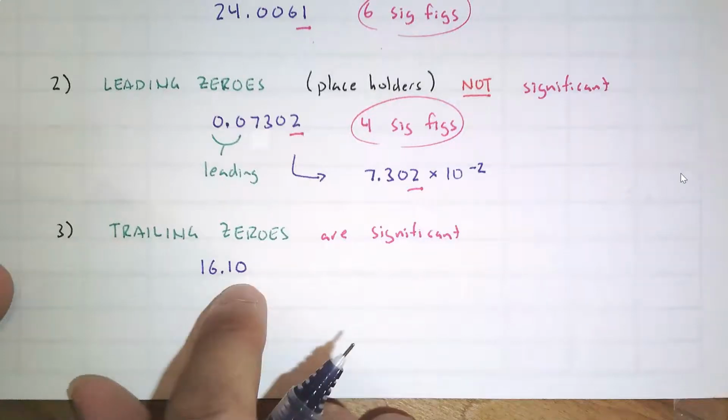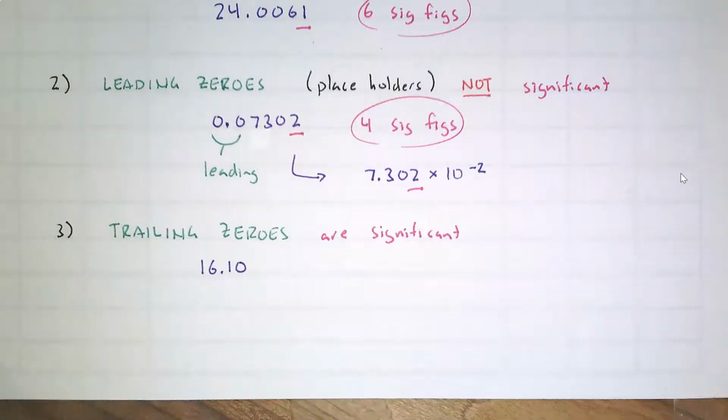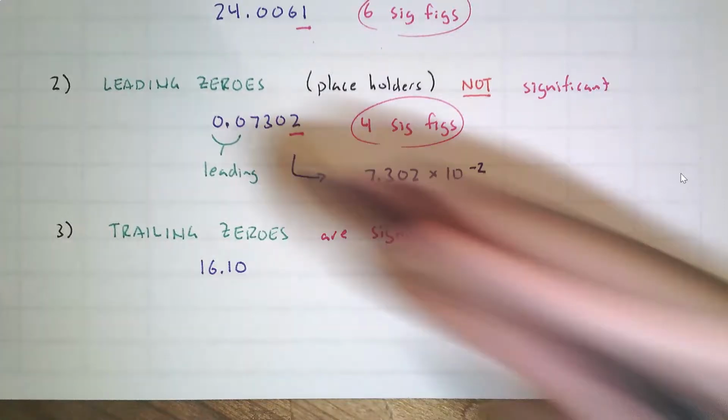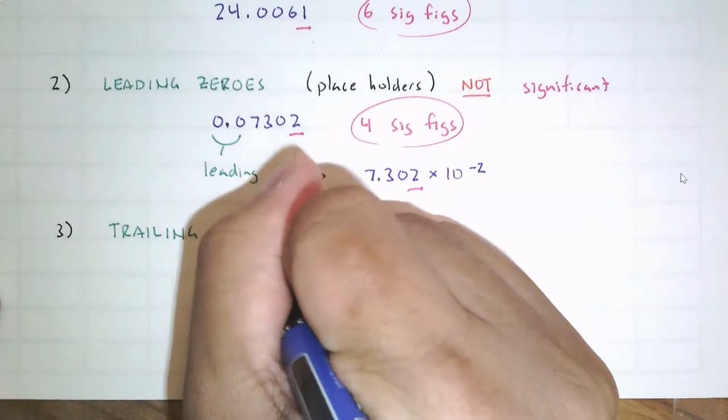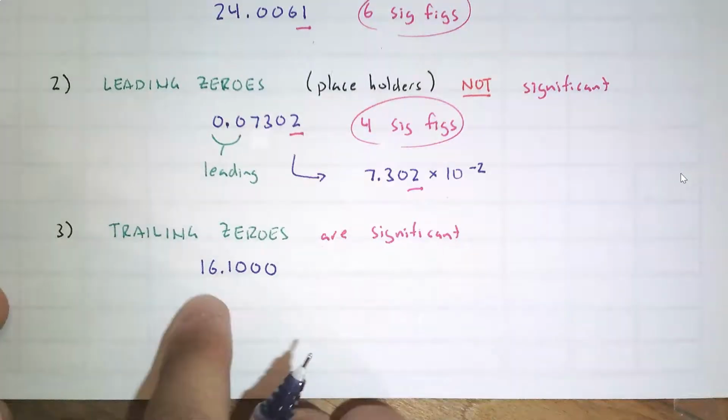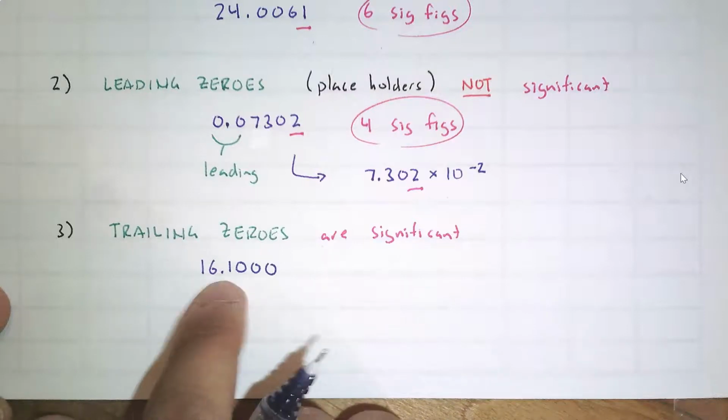So that is significant. Heck, if I have even more precise glassware and more precise instrumentation, I could go 3 zeros. Now I know for certainty that this is pretty accurate, 16.1000.